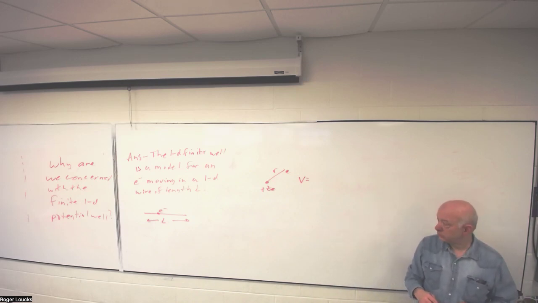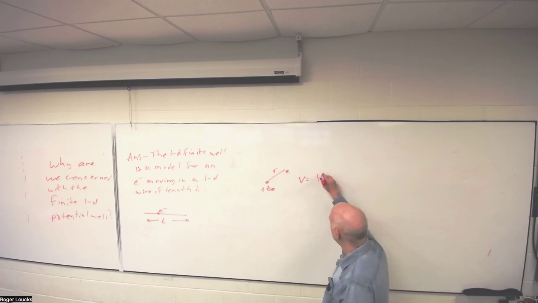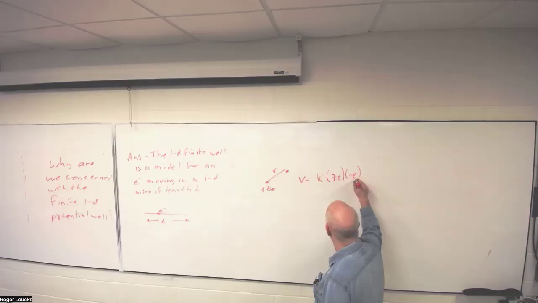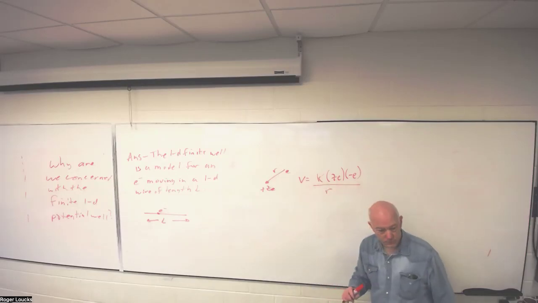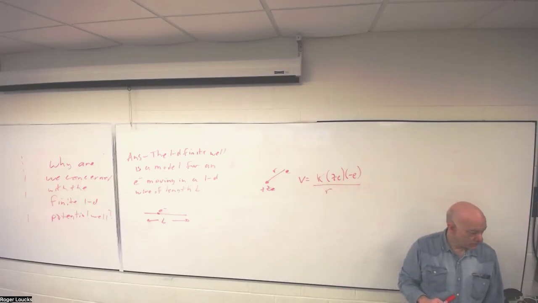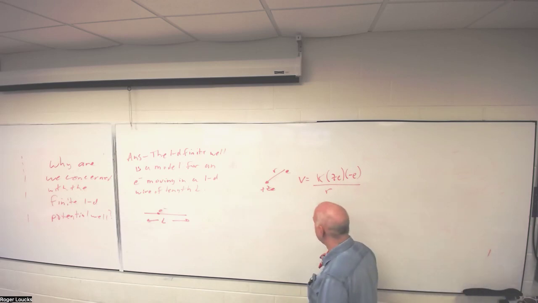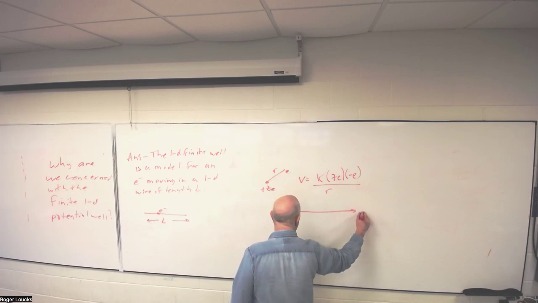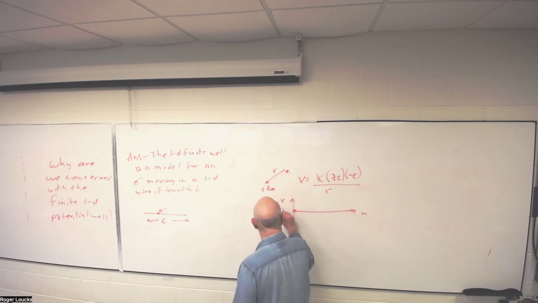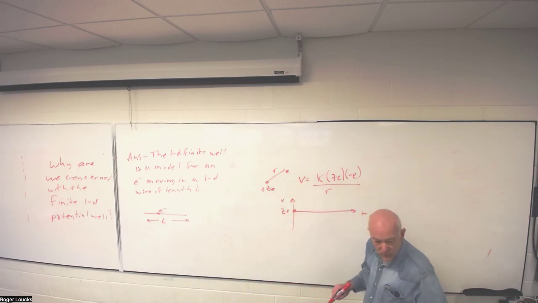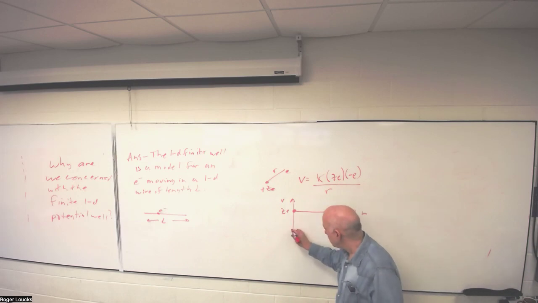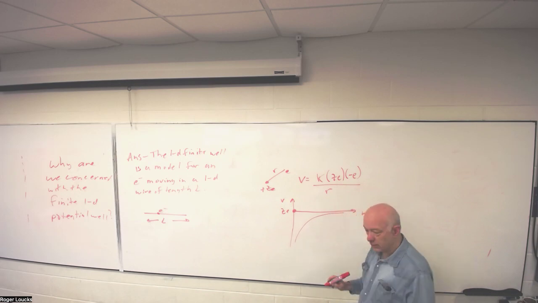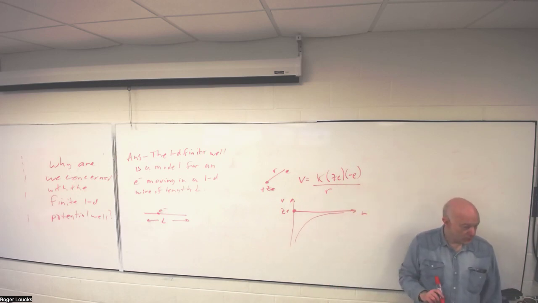It's K Q1 Q2 over R. If I were to graph this, with Z here, what would that look like? It would look something like that.